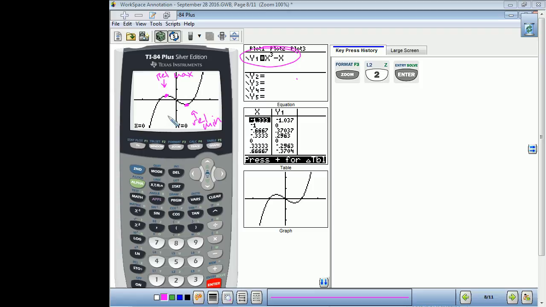Odd degree functions won't have absolutes, but they can have relatives or local. Both those words mean the same thing. Relative to the points around it, this one's higher. It's a relative max. Relative to the points around it, this one's lower. It's a relative min. So this one has both a max and a min, but they're relatives. Let's see if you can find them.